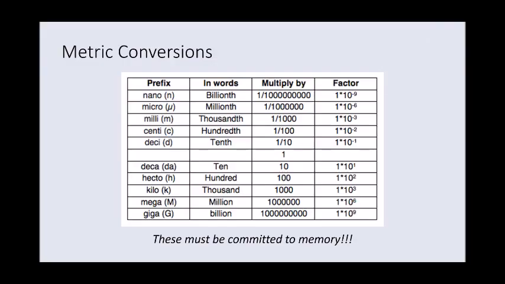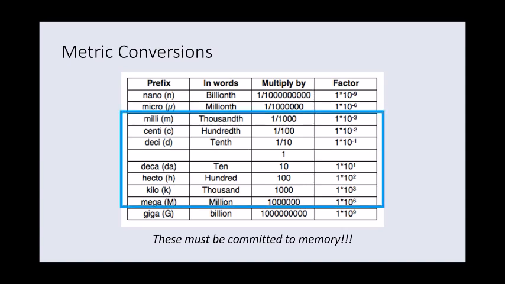So let's start with a review of metric conversions. Earlier in this unit, this was introduced to you or reintroduced to you if you've seen it before. The good news about these metric conversions that have to really be committed to memory is that there's only a few that tend to pop up on the AP exam or that really have to do with the calculations required for AP Environmental Science.